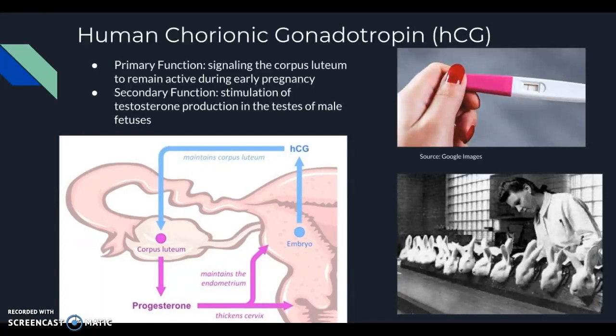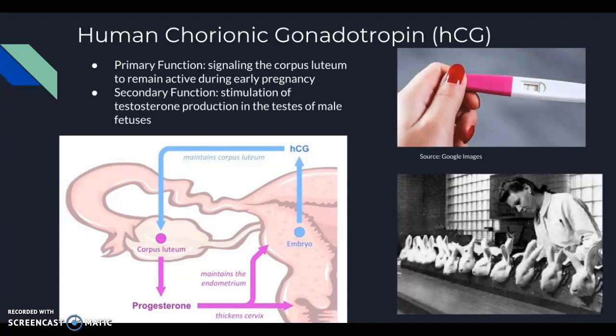As I mentioned on the last slide, its primary function is to signal the corpus luteum to remain active during pregnancy. This means that the corpus luteum will continue secreting the hormones necessary to continue the pregnancy. HCG is considered the chemical signal of pregnancy. It's a peptide hormone secreted by the chorionic villi, and then as the placenta develops, by the placenta.